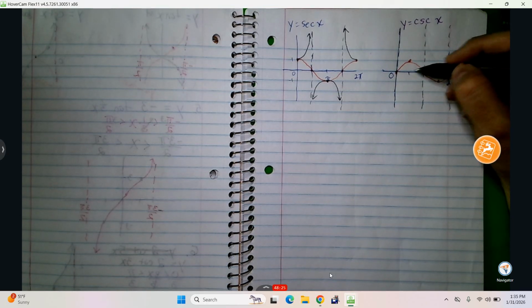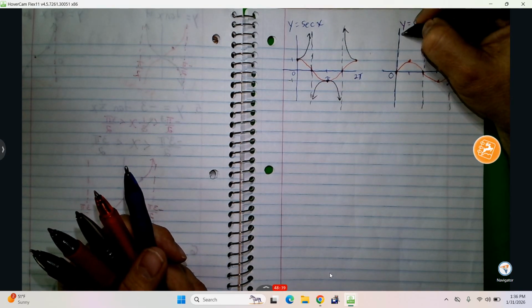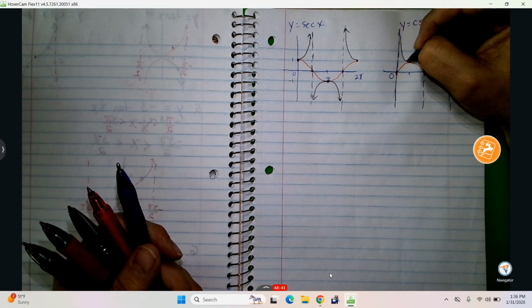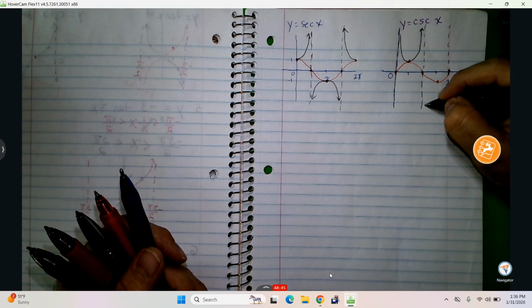I'm not taking the reciprocal of the x values. I'm not saying the reciprocal of 2 pi is 0. I'm saying the reciprocal of 2 pi would be 1 over 2 pi. And now, here we go. It's going to look like two U-shaped figures.